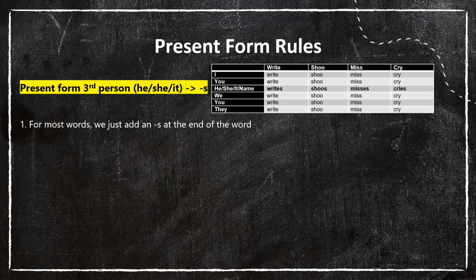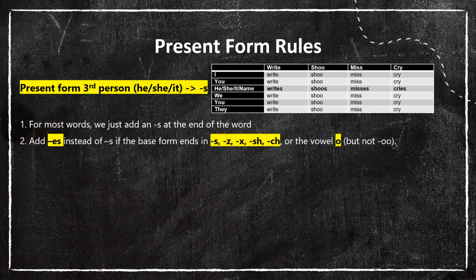First one, for most words, we just add an S at the end of the word. The second rule is that we add ES instead of S if the base form ends in S, Z, X, Sh, Ch, or the vowel O, but not in OO. If it ends in OO, as shoe does, we just put an S, not an ES at the end.